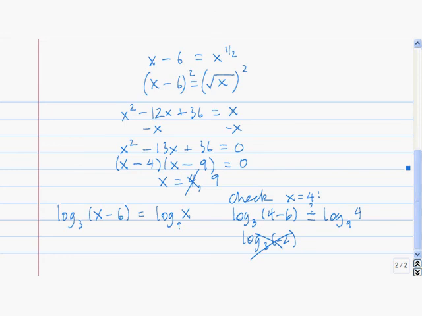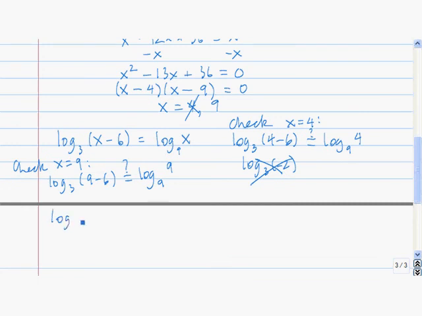Now let's check x equals 9. So the question is, does 9 minus 6 is 3, so log base 3 of 3, does log base 3 of 3 equal log base 9 of 9?